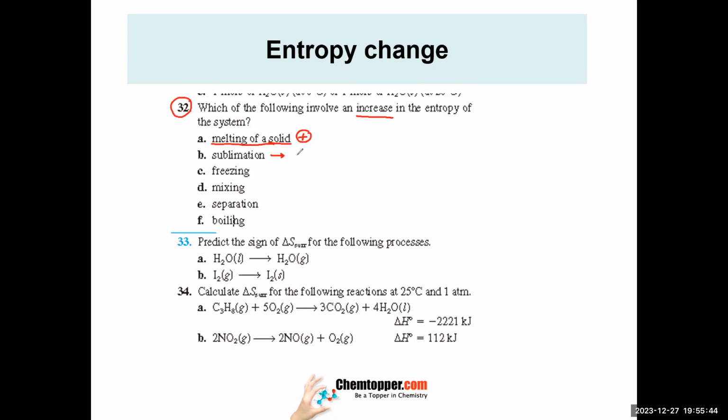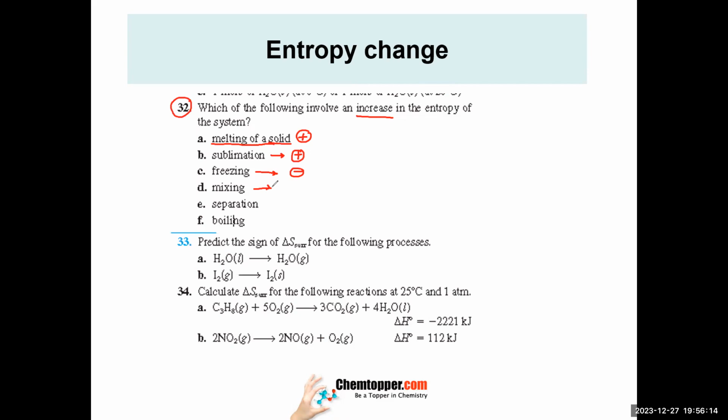Sublimation. Sublimation means solid to gas straight away. Increasing. Freezing. Freezing means liquid to solid. Decreasing. Very good. Who is this? Sammy. Very good. Mixing two solutions. You know, in nature, everything is in the form of mixture. Why? Mixture means more randomness.